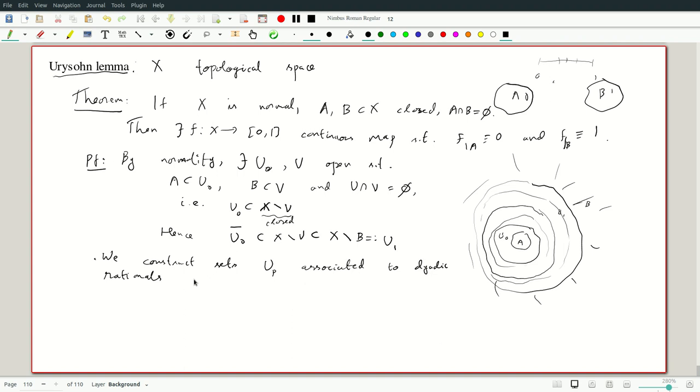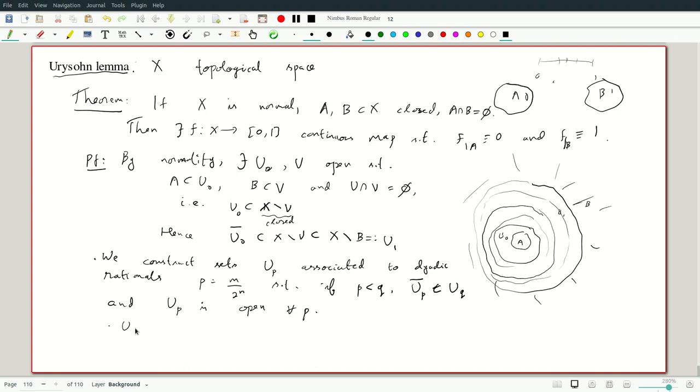It's cleanest to do it for dyadic rationals. So p is going to be m over 2 to the n, in fact between 0 and 1, such that if p is less than q, we have a strong nesting: the closure of U_p is contained in U_q. And U_p is open for all p.